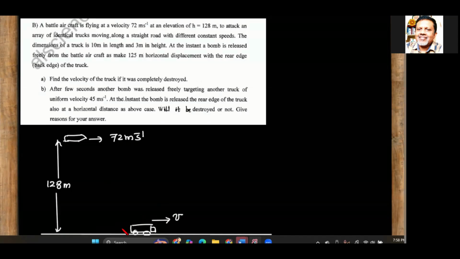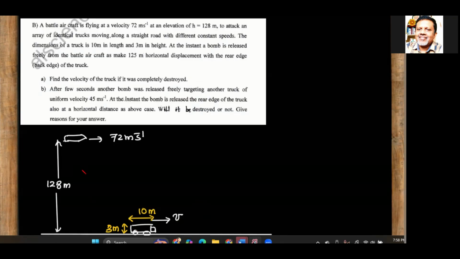Right, 3 meters in height means the projectile will not actually reach the ground and hit the truck just about 3 meters from the ground. That is what we can get. And there may be a tolerance of 10 meters to hit the bomb on a truck like that, right?